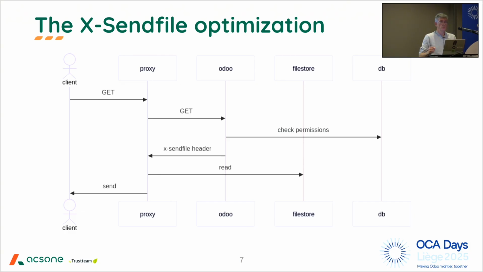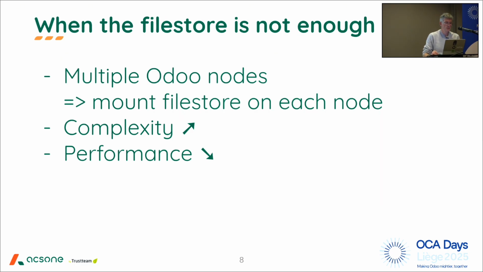They consume a lot of memory. And instead of adding workers, if you see that some workload is spent sending files, it can be a solution to reduce the workload on your system, or the memory usage at least. And nginx or Apache is probably more CPU efficient also to send the files than Python.